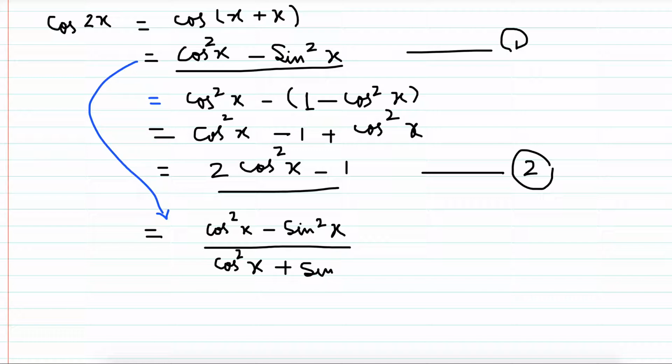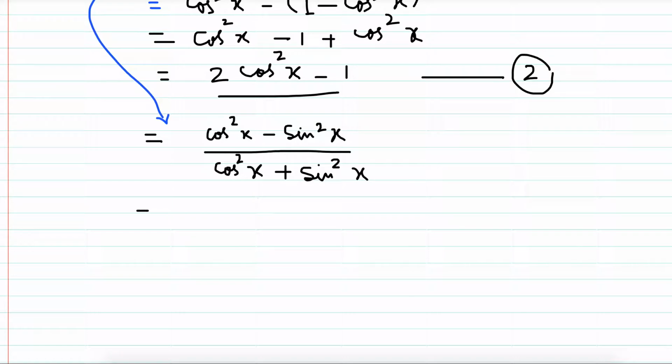So this is basically the same as our first equation, just we have divided by 1 in the denominator. Now we can divide both numerator and denominator by cos square x. So this cos square x will become 1, and then this will become sin square x divided by cos square x.